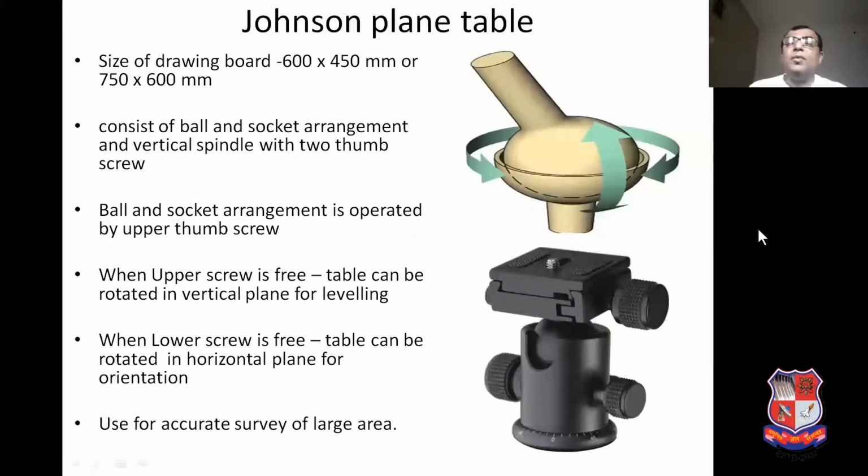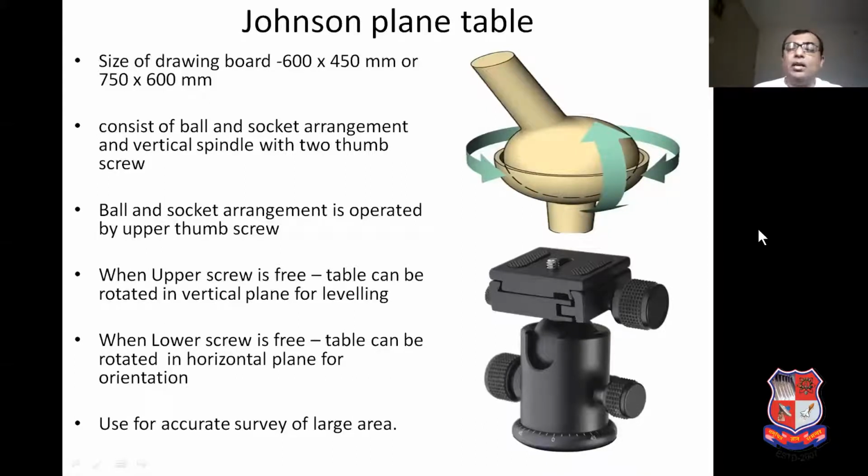Next one is the Johnson's plane table. In Johnson's plane table, drawing board size is 600 by 400 millimeter or 750 by 600 millimeter. It consists of a ball and socket arrangement and a vertical spindle with 2 thumb screws.